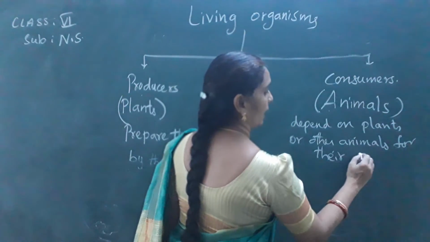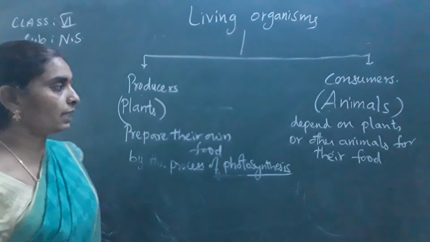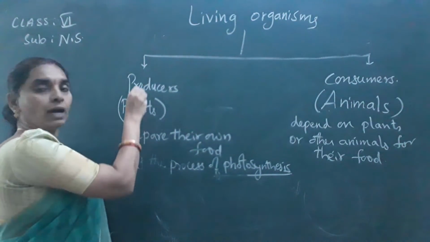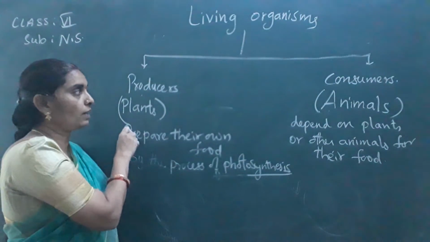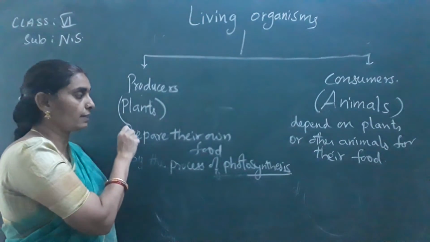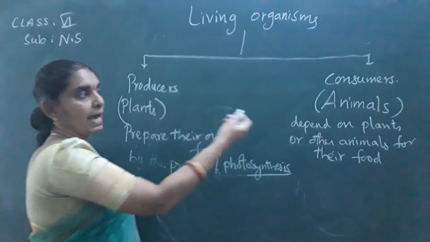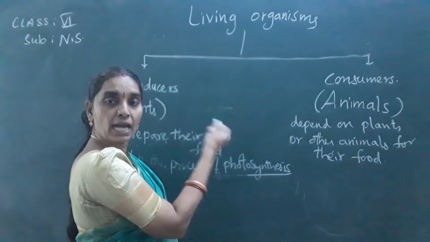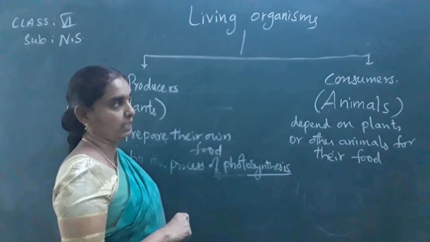Hope you have understood, children. So plants are producers. Since they prepare their own food, they are called producers. They are also called autotrophs. Since animals depend on plants and other animals for food, they are called heterotrophs. You know it very well.